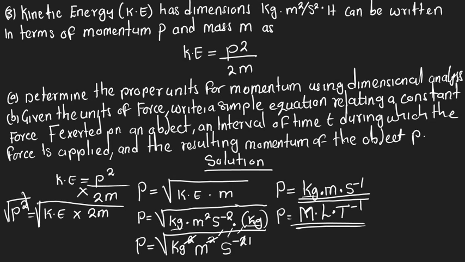Now, we go to the second question, which is B. Given the units of force, write a simple equation relating a constant force F exerted on an object, an interval of time t during which the force is applied, and the resulting momentum of the object P. So they want you to derive a relationship between force, time, and the momentum.